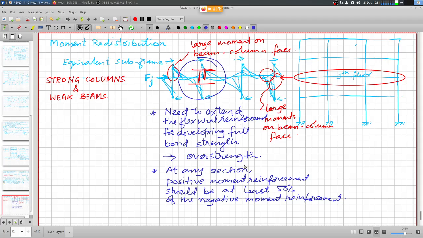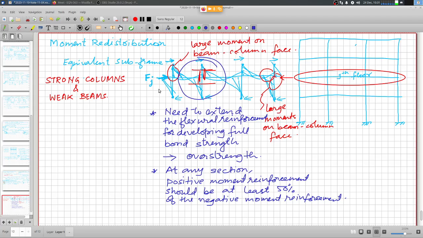So these two factors combined give you an actual moment capacity that is much more in the beam because of the extending reinforcement bars.